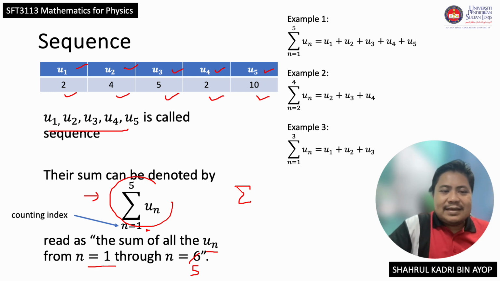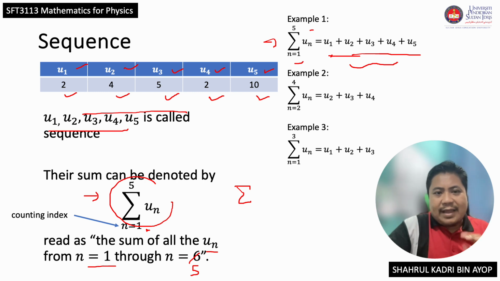From this example, we can write the summation from n=1 to 5 as a summation of all 5 terms. If, for example, we want to choose only a part of it, we can write, for example, from n=2 to n=4, so it has 3 terms only.